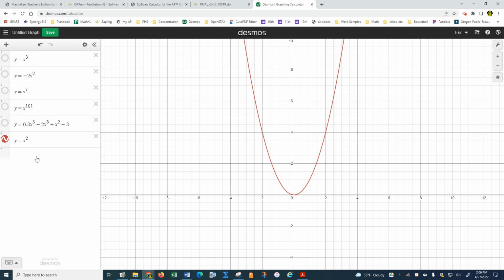If I do y equals x to the sixth, look what it's done. It looks the same, only the sides get steeper and it gets more squared off.